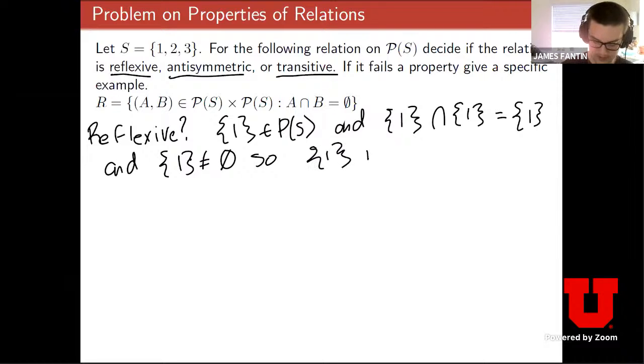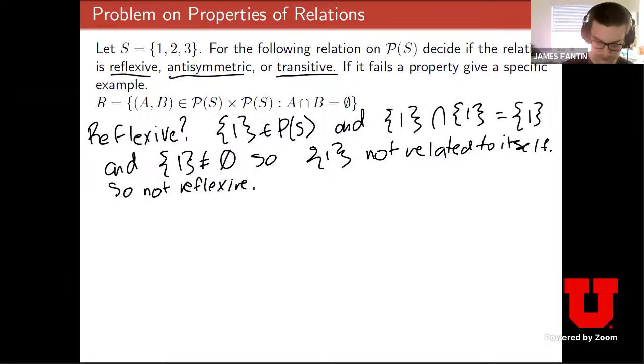So the set containing 1 is not related to itself. So it's not reflexive. What about antisymmetric?